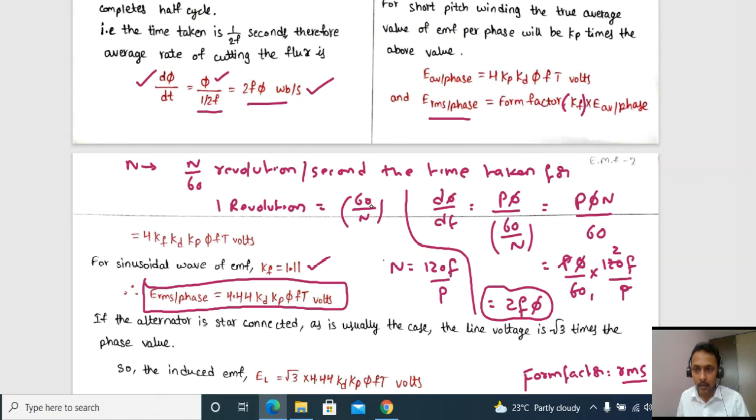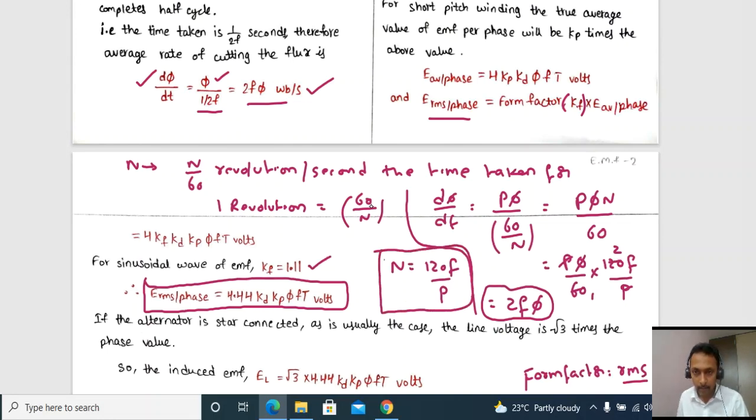So it is simply p phi n by 60, and we are already familiar with n equals 120 f by p. Substituting the value of n, finally we get d phi by dt, the rate of change of flux, which equals the induced EMF, equal to 2f phi.